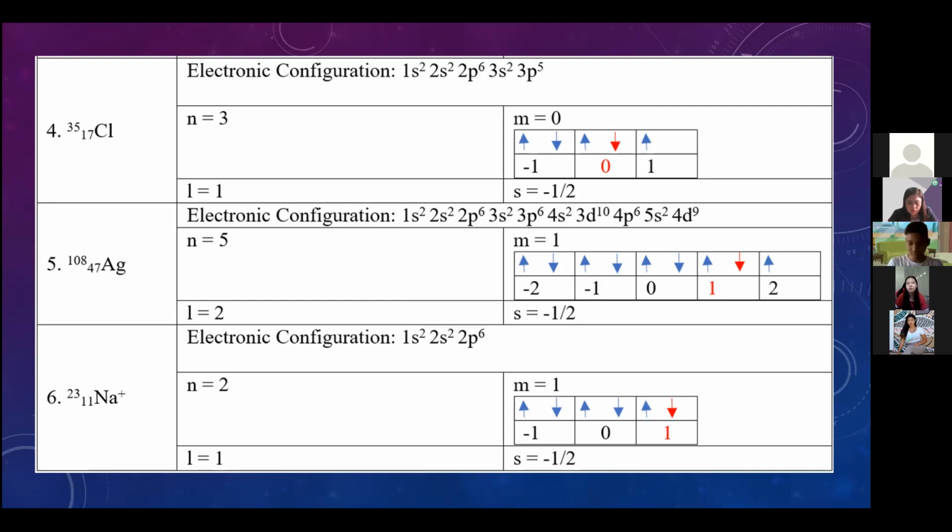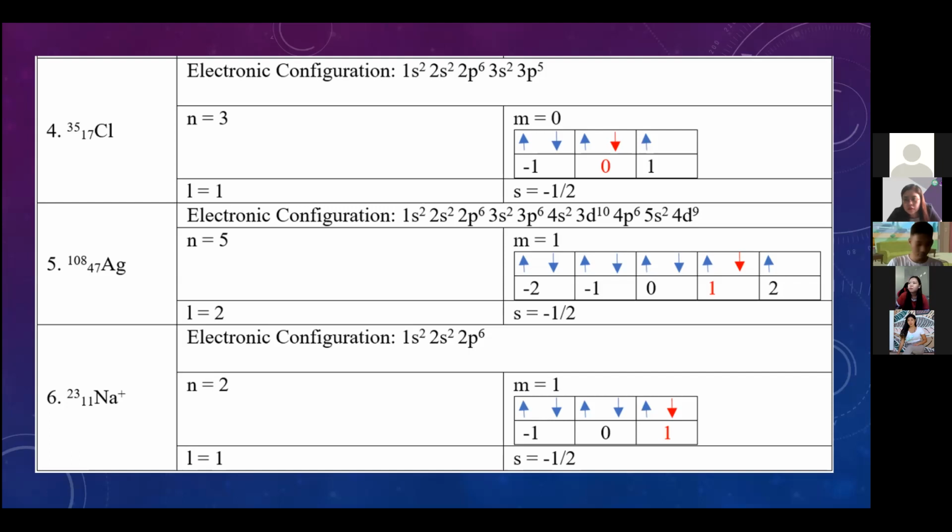Now moving on to number 5, we have Ag, and the atomic number is 47. We will do the electronic configuration again. I advise you to have your copy of the electronic configuration so that you can follow along.